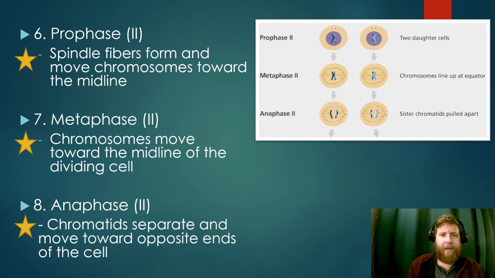All right, prophase 2. The spindle fibers form again, move the chromosomes toward the midline, and in metaphase 2, they're in the middle here. They're lined up. And in anaphase 2, they're starting to separate, getting pulled from the tails here. So now these chromatids are getting separated.